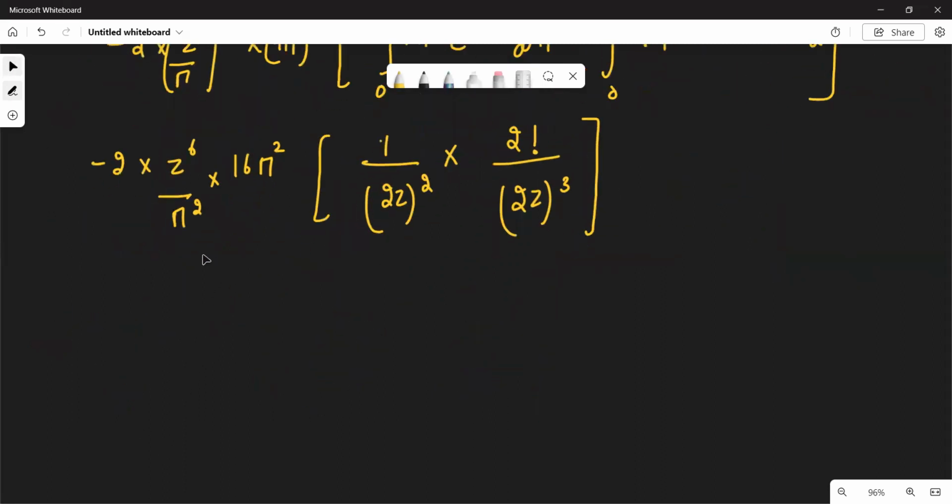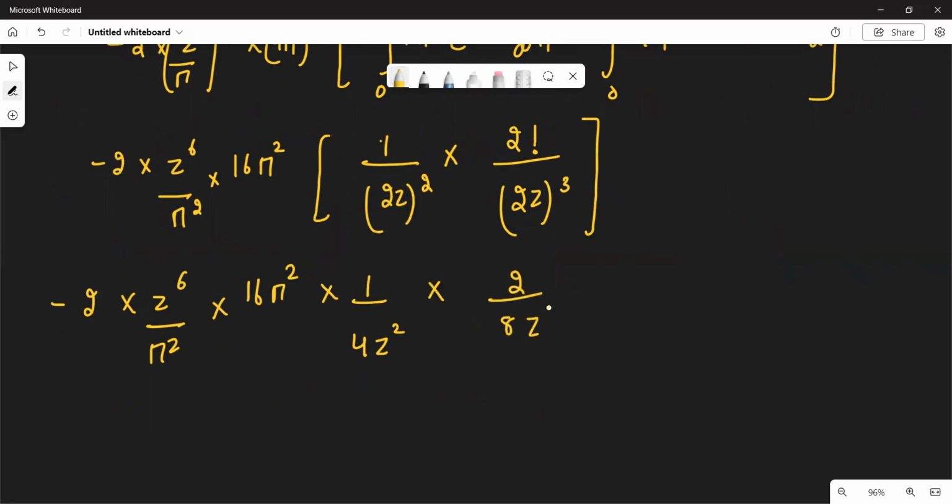Simplify. We will get minus 2 into z6 by pi square into 16 pi square into 1 by 4z square into 2 by 8z cube. Okay.